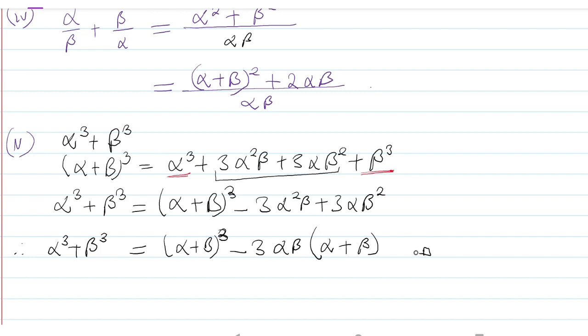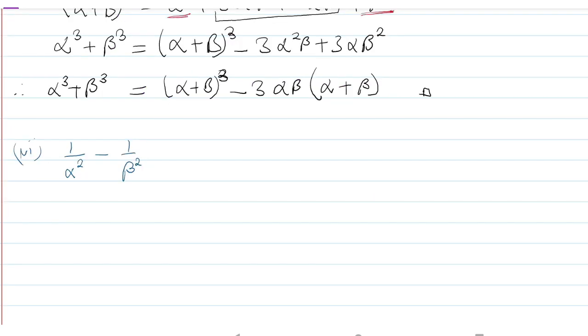So this is done. The next flavor is 1 over alpha squared minus 1 over beta squared. Straight away, we are going to express this as a single fraction. In the numerator, we're going to have beta squared minus alpha squared, then over alpha squared beta squared.